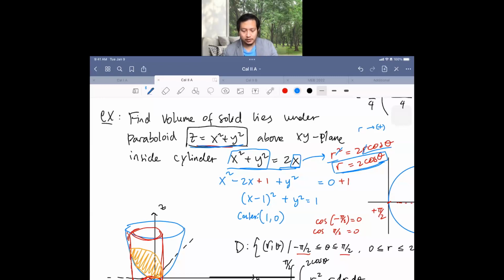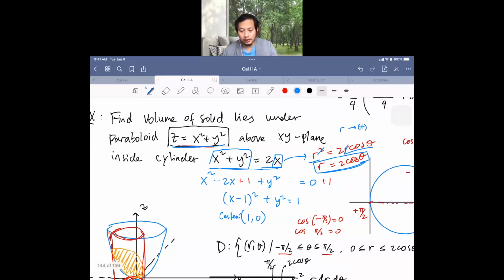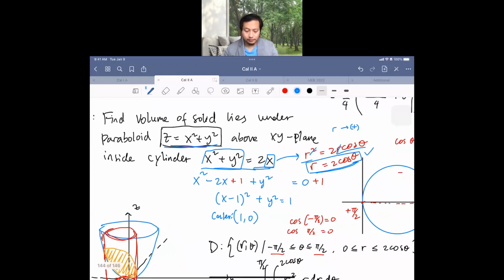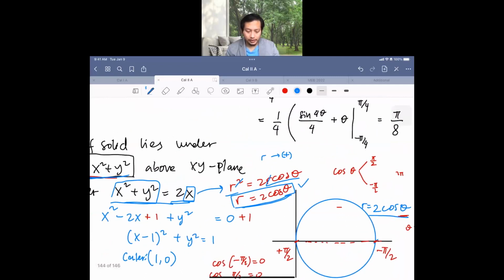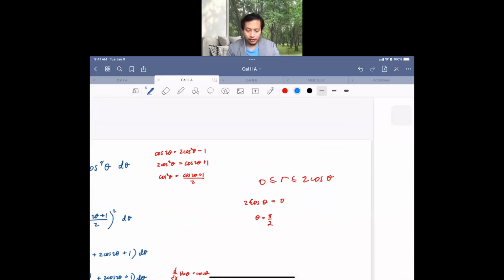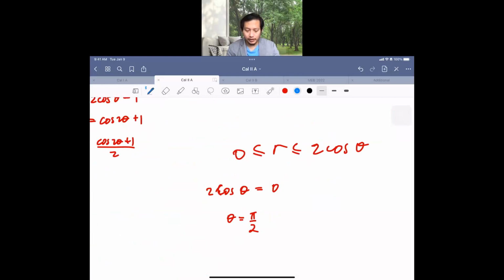After we simplify, we convert to polar curve, and the radius is between 0 and 2 cosine theta.